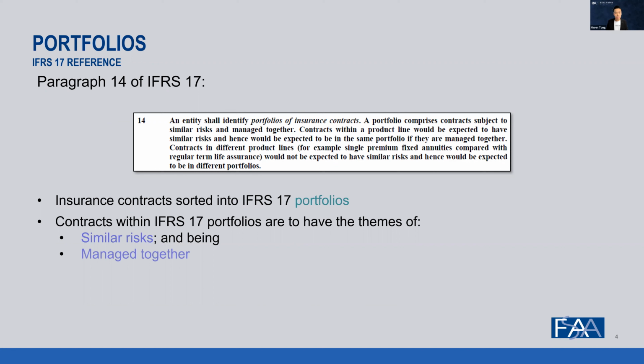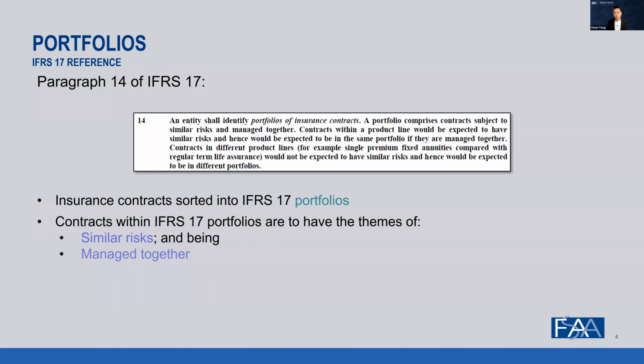Paragraph 14 of IFRS 17 then goes on to state that contracts in a certain product line are expected to have similar risks and therefore be managed together. That shouldn't be a surprise, because as businesses, we generally want to look at certain segregations that make sense. It makes sense, if they are similar enough, to produce the numbers for those contracts in aggregate.